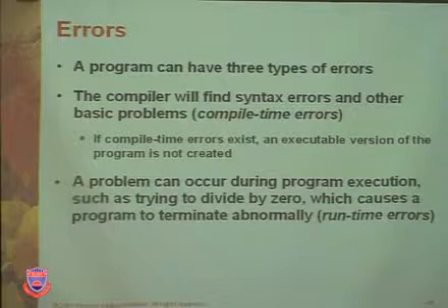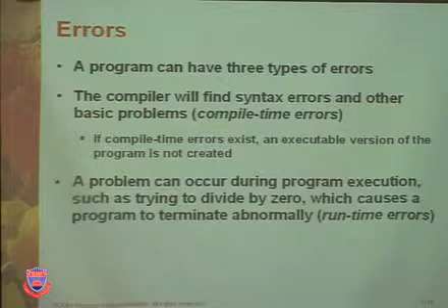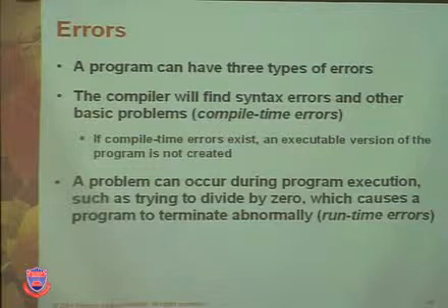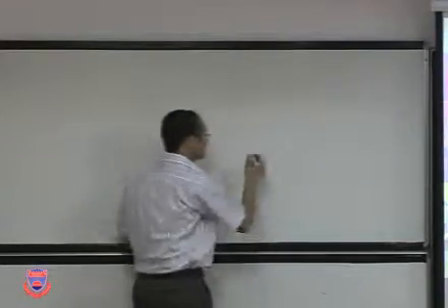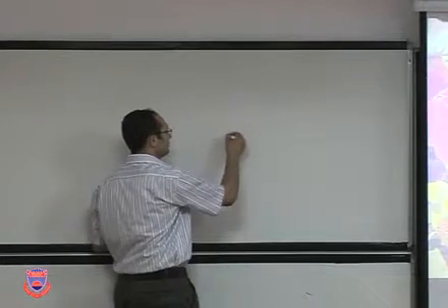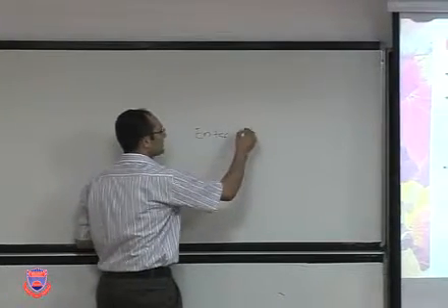For example, when denominator is 0, this is runtime. Exactly. So if you have a divide by 0 operation that you're performing in your code, then you're going to have a runtime error. Let's say your program is asking the user to enter the first number.